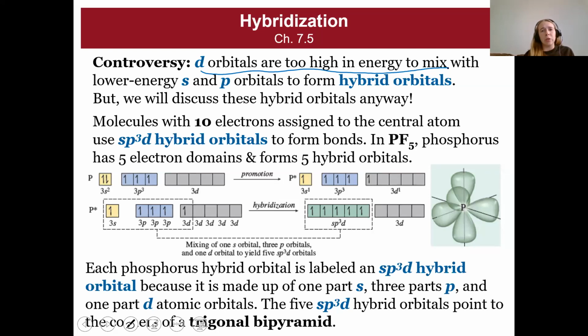But we're going to use these d orbitals to form some hybrid orbitals, which help us discuss the geometry of these expanded octet central atoms. Even if we're not sure that this is what actually happens, it helps us explain it. So that's what we're going to stick with.